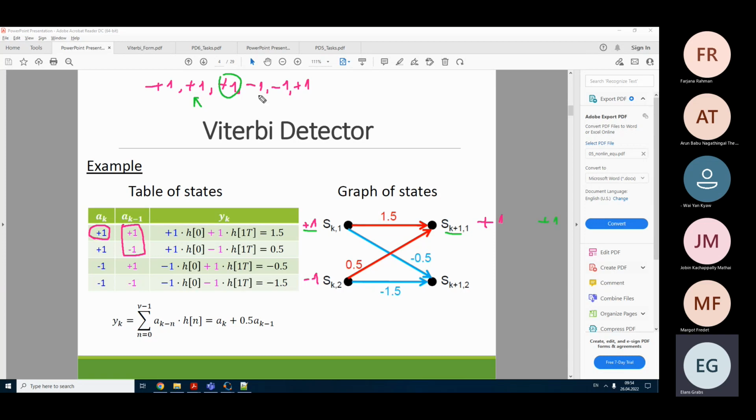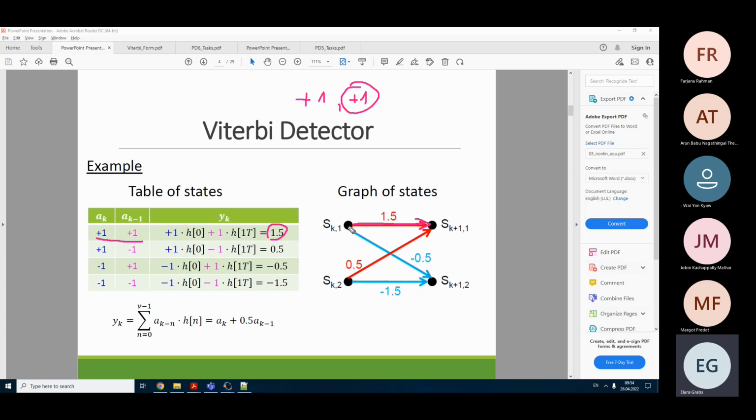The next symbol is going to transition into the -1 state. And we mark this with these lines. So for this particular case, if we have +1 previous symbol and +1 current symbol, which is the currently transmitted symbol, we transition with this line to the new state, which is also +1. And in the process, we send the according value, which is 1.5.